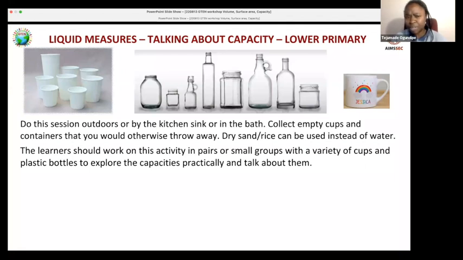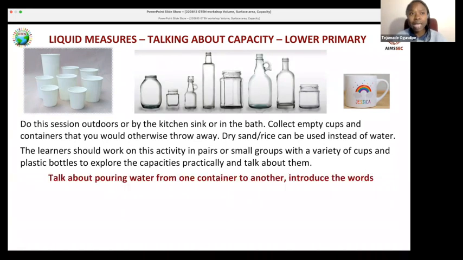But if they look different, look at the image in the middle. Are you able to tell immediately, just by looking at it, whether one container will be bigger than the other? So you can ask them to arrange it using basically plastic bottles, to prevent accidents in school, and ask them to explore the capacities practically and talk about them.